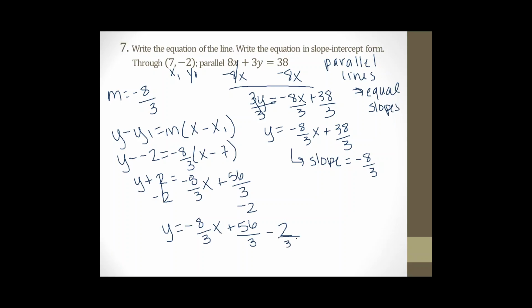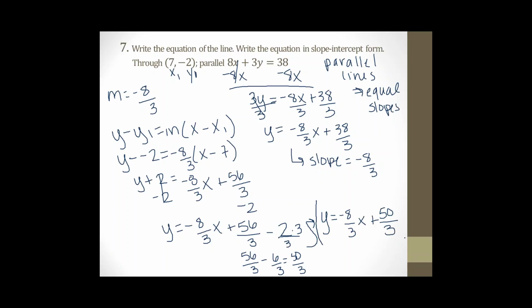If we multiply the top and bottom by 3, that gives us 56/3 minus 6/3, which is 50/3. So our final equation is y equals -8/3x plus 50/3.